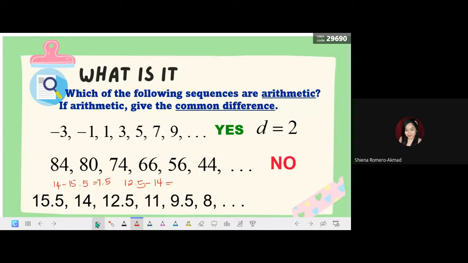Mark. 11 po. 11 ba? 12.5 minus 14? How about the others? 1.5 po. Negative 1.5. Huwag niyo kalimutan yung sign. It is very important. Sige, sulat natin yung sign ng una.